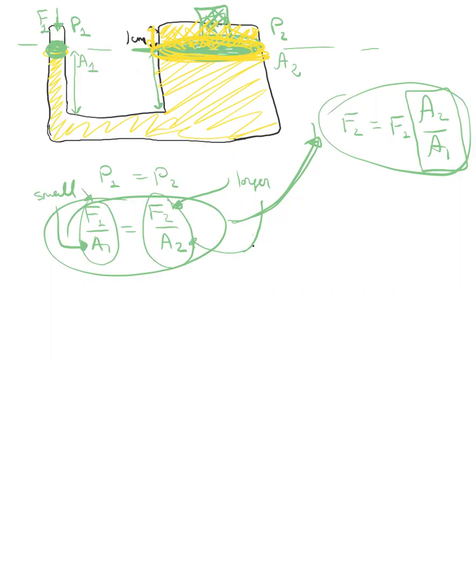And to move that much oil from this side, I would have to move this piston by a much larger distance than 1 centimeter. So if the ratio of areas is 1 to 5, then to move this side by 1 centimeter, I would have to move this side by 5 centimeters.